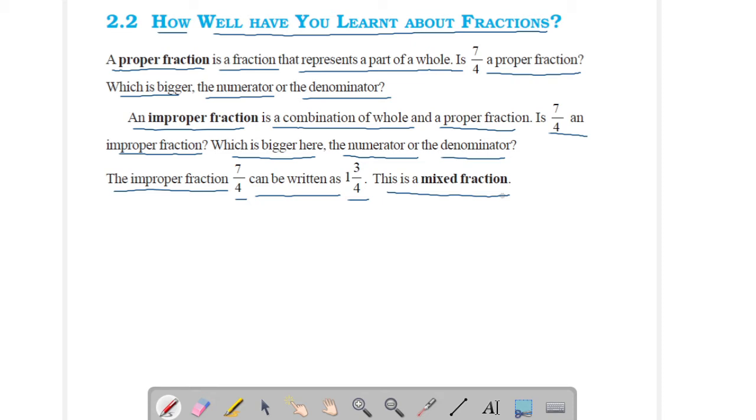How will you write it as a mixed fraction? By dividing the numerator by the denominator. Here your improper fraction was 7 upon 4.